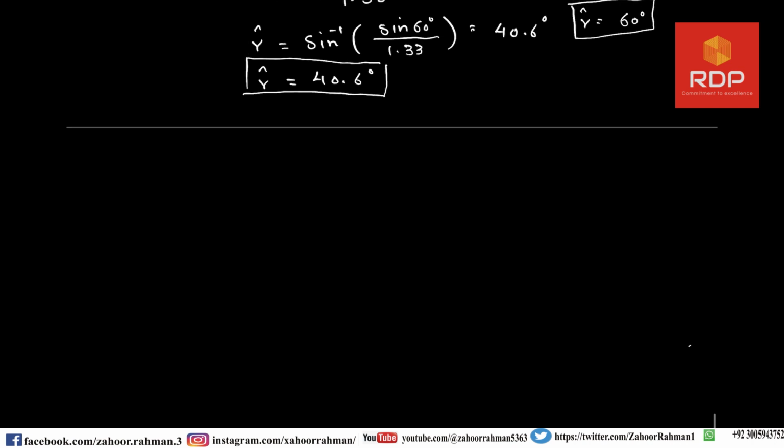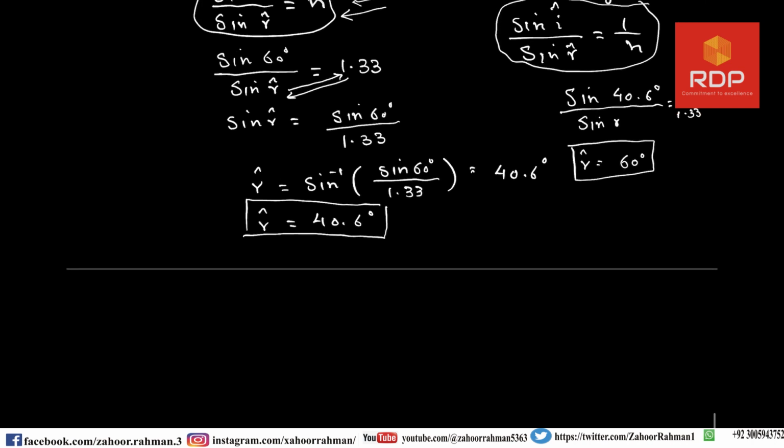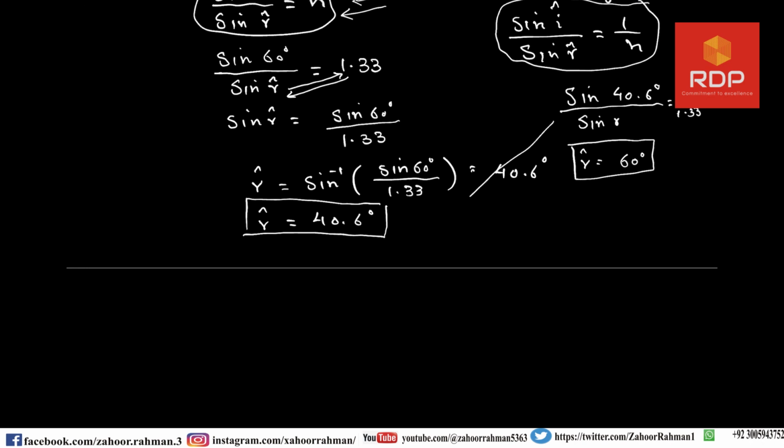Now there is a calculation of this one here. Let me write, in this case, from cross multiplication, that sine r will be equal to sine 40.6 degrees multiplied by 1.33.